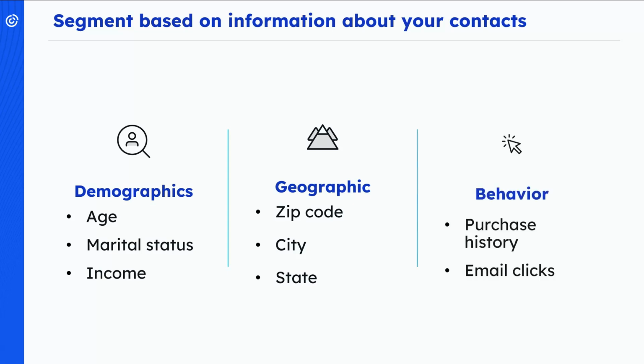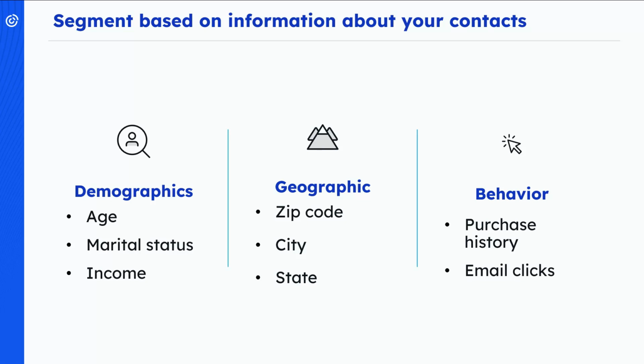You can also segment based on their behaviors or patterns and how they interact with your business. This can include their purchases. However, you can also utilize where they click within your email. That's where click segmentation, our click segmentation feature, comes into play. You can automatically add contacts to a list based on where or what they click on within your email campaign.